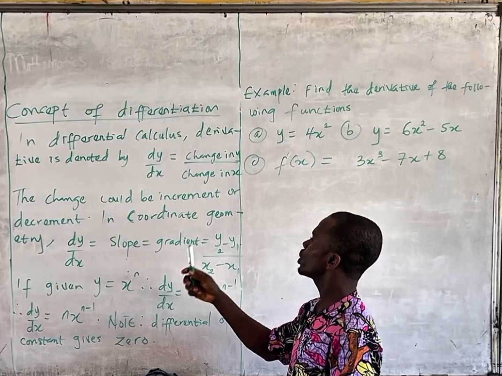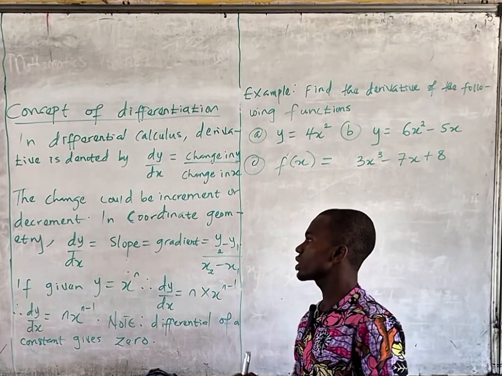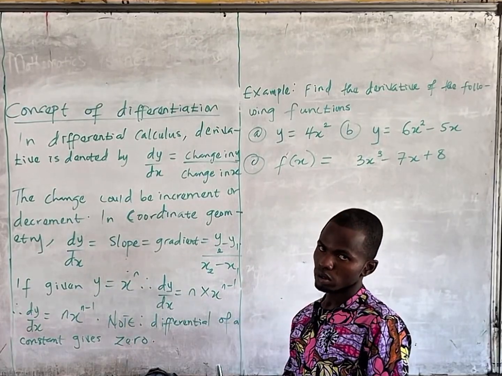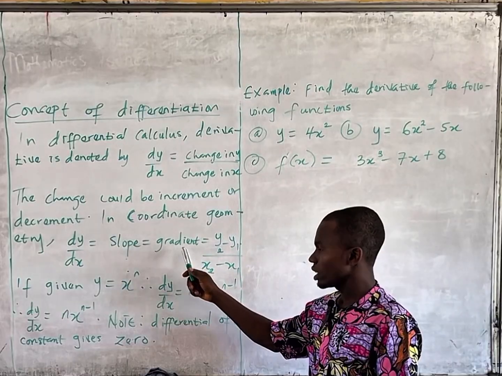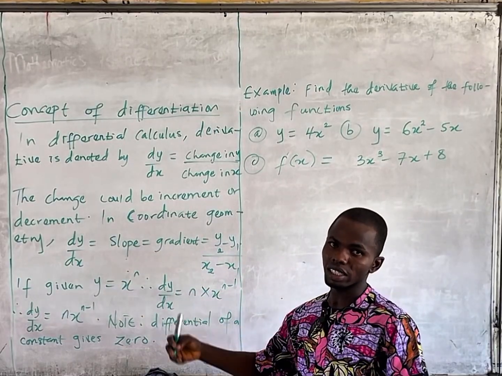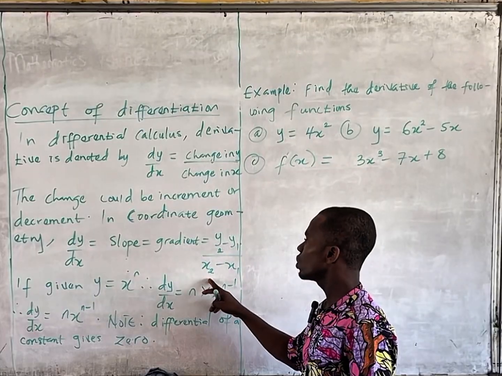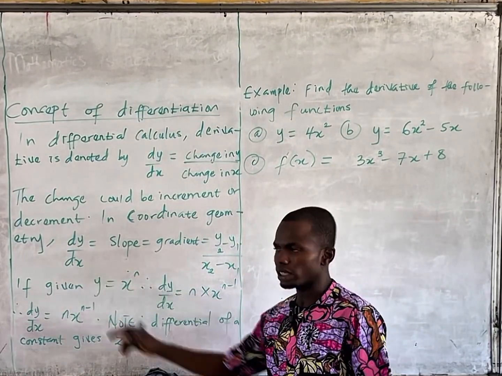In coordinate geometry, dy over dx is equal to slope, and that slope we call gradient. Gradient is y2 minus y1 over x2 minus x1. This is actually dy over dx.